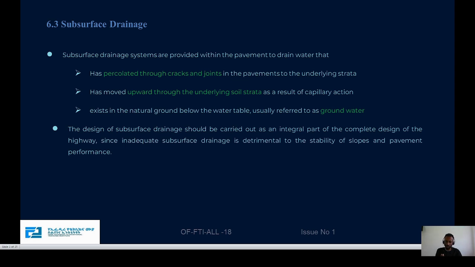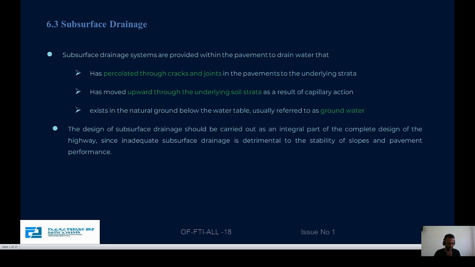The second is water moving up through the underlying soil strata as a result of capillary action. The third source is the natural ground below the water table, referred to as groundwater.